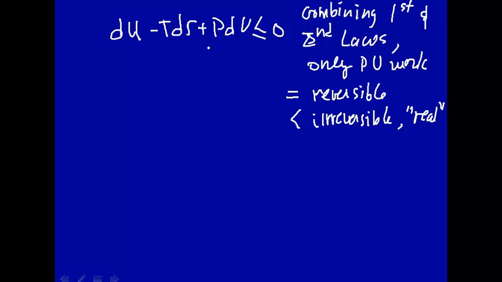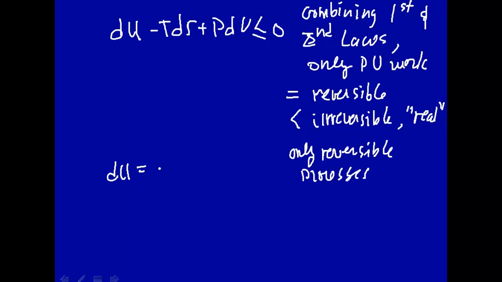Just to make things simple, let's now consider only reversible processes. That means we just put this equal sign. We don't have to keep carrying around the less than sign. So in that case, let's put these two terms over on the left-hand side. We have that the differential of U is equal to TdS minus PdV.